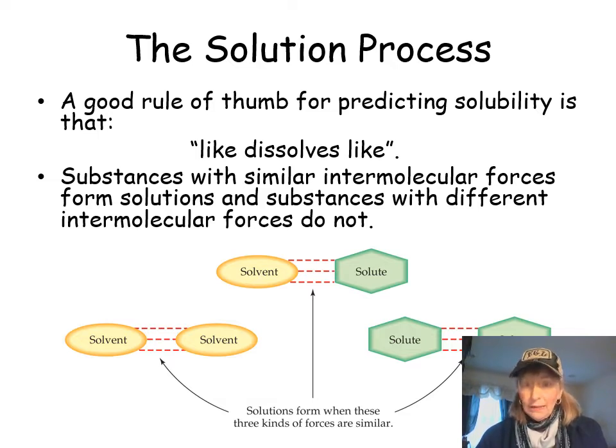What did we say has to happen in order to end up with a solution? Here's our solution with the solvent and solute. These forces have to break, right? These attractions between solute molecules have to break apart. The ones here have got to break apart. And we have to form a new attraction between the solvent and the solute, our solution.